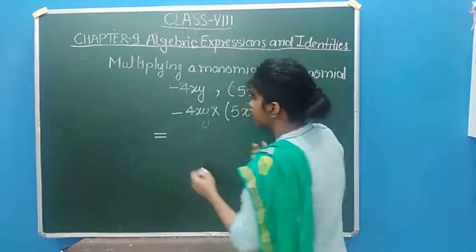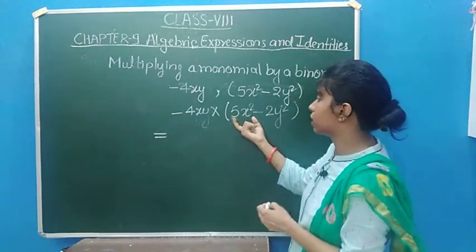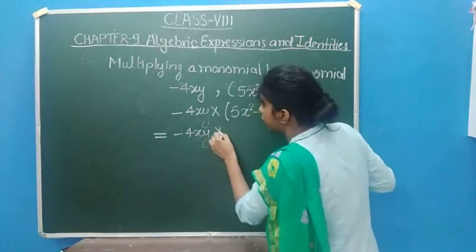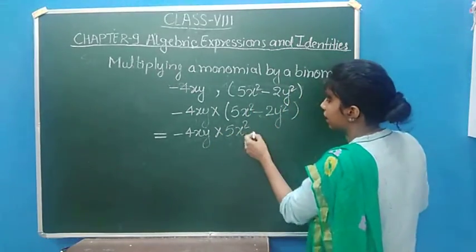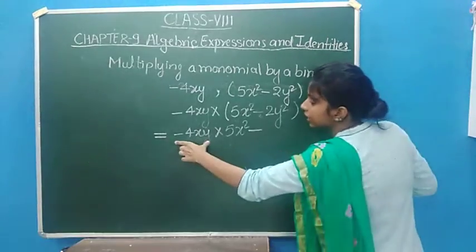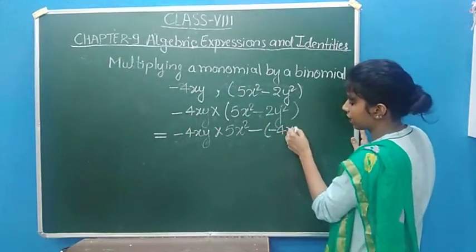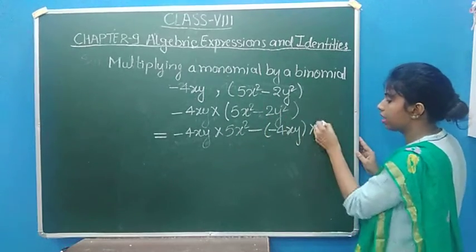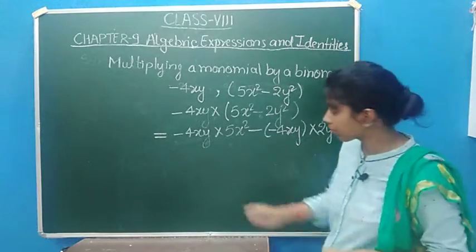So first this term is multiplied with the first term. It is minus 4xy into 5x square. Then we have minus, again minus 4xy into the second term, 2y square. Let's solve this.